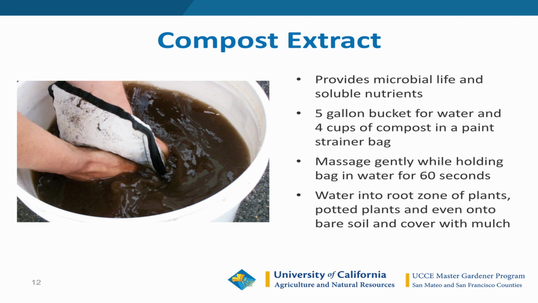You're getting microbes leaving that compost and going into the water, and you'll also get some soluble nutrients there. And then take that, water it around the root zone of your plants. It's a great way to just add a little bit more diversity of life to your soil.